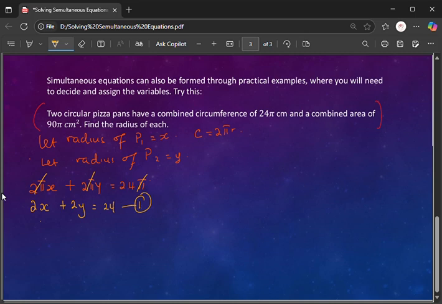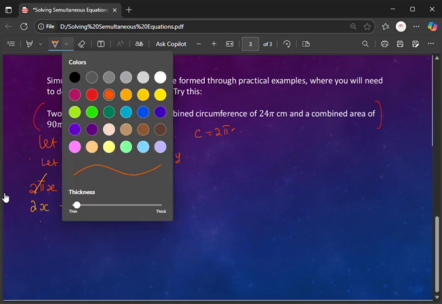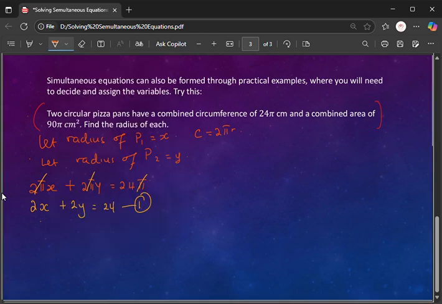And then talking about the second statement, combined area. So area of a circle is pi r squared. Okay, so let's use that idea. So the r is the x, so we have pi x squared plus pi y squared equals 90 pi.